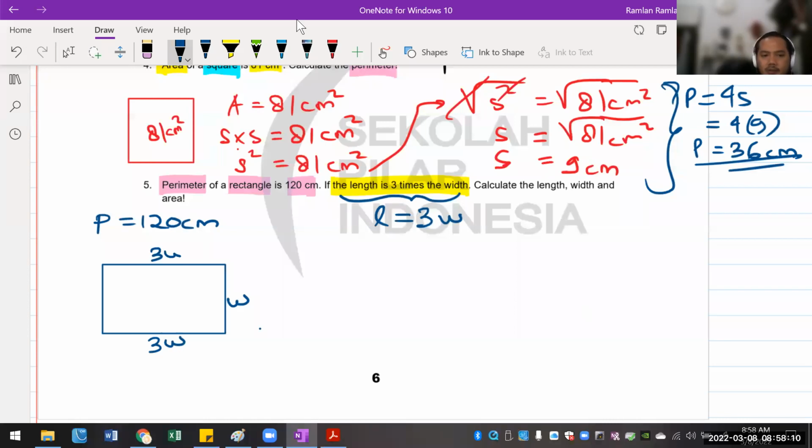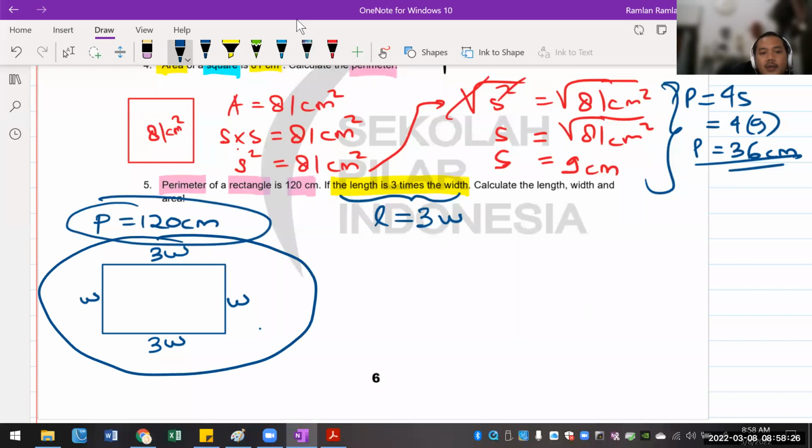So this is also 3W, and this is also W, right? Because this one is the same as this one, and this one is going to be the same as that one over there. Okay, so question, how can we connect this with the illustration that we get over here to find one variable that we have in the illustration?